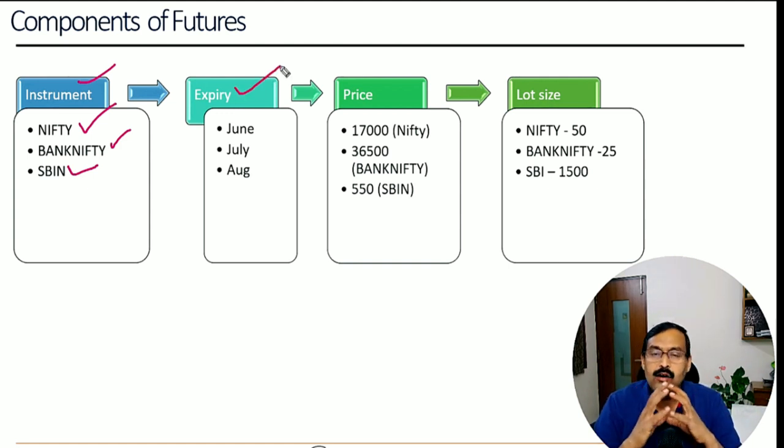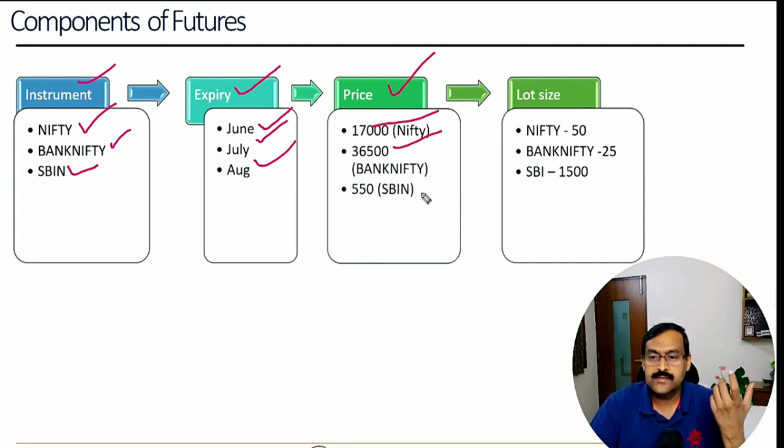In India, for all equity futures, be it index or stocks, the expiration period is only for monthly contracts. There are no weekly futures contracts. That is why you see June, July, August. And of course, it has the price at which the contracts get executed. For Nifty, just as an example, 17,000. For Bank Nifty, 36,500. SBI could be 550.